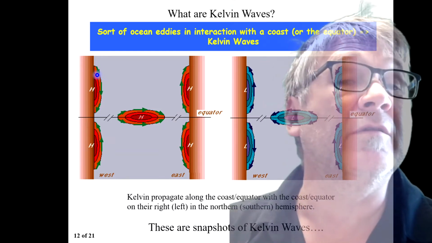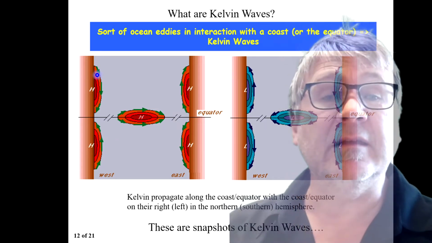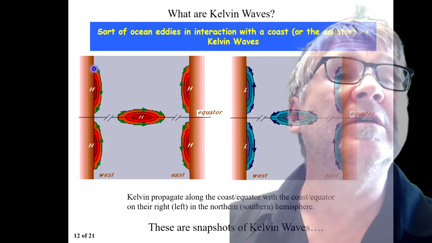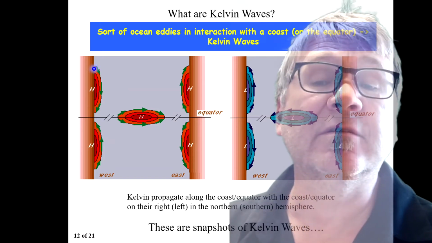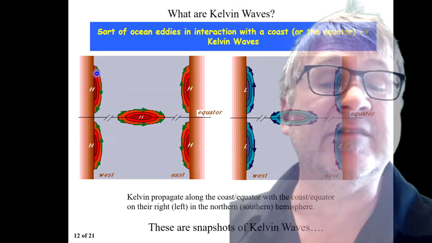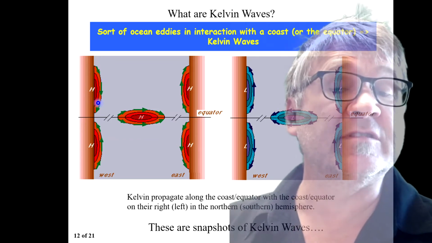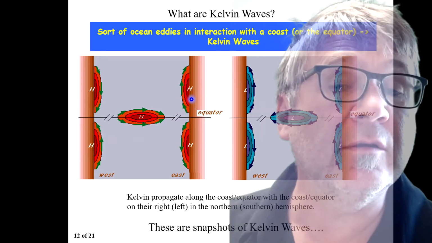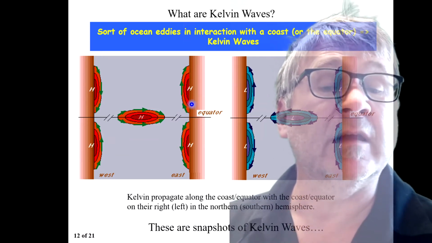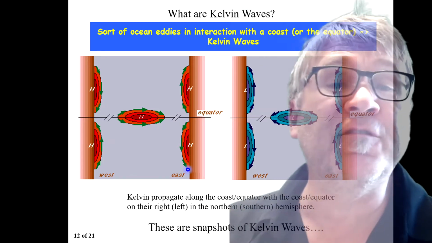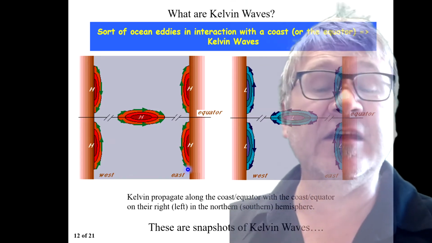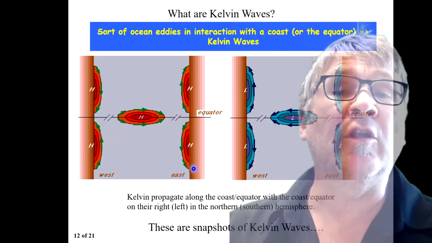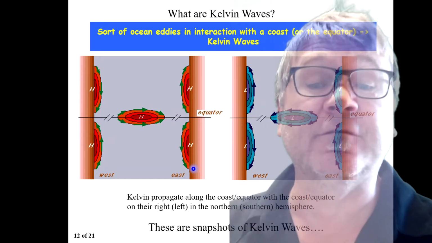If you think about it, you can work out that you get a system that moves along the coast with the coast on the right in the northern hemisphere. So this entire structure would move towards the equator, whereas the one on the other side would move towards the pole. In the southern hemisphere, you get a reverse propagation direction. These features would propagate along the coast, having the coast on their left.